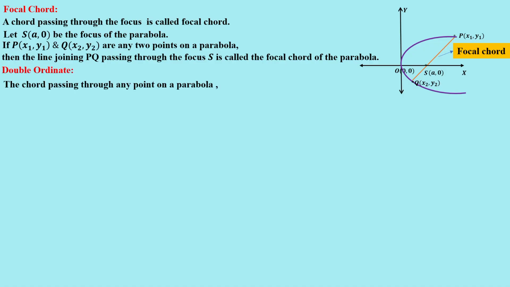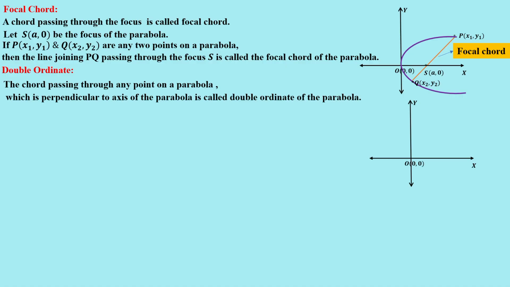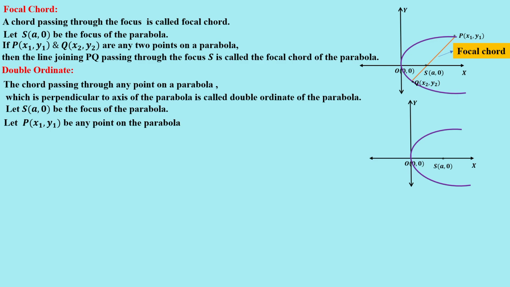Double ordinate: the chord passing through any point on the parabola which is perpendicular to the axis of the parabola is called a double ordinate of the parabola. If you take a parabola, let S(a, 0) be the focus and P(x1, y1) any point on the parabola.